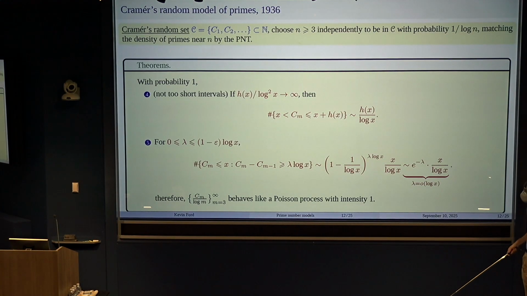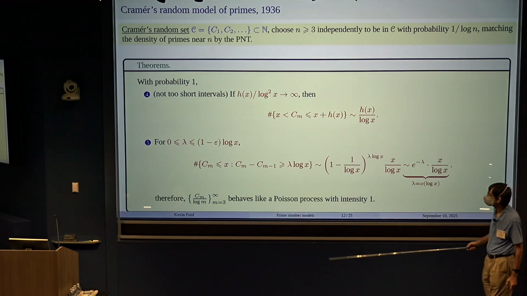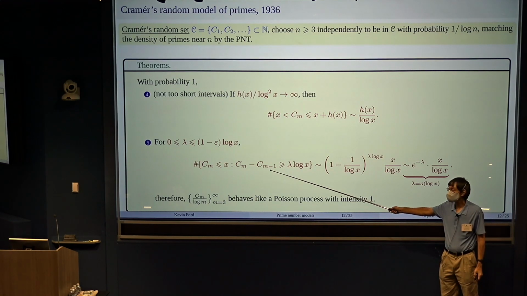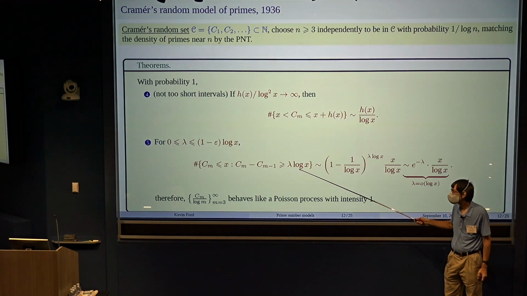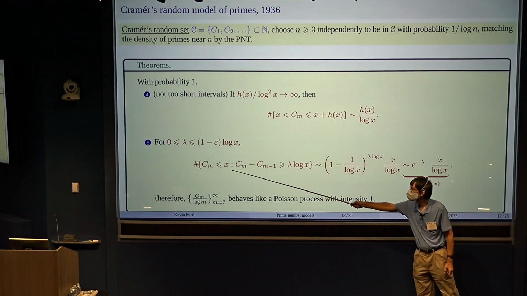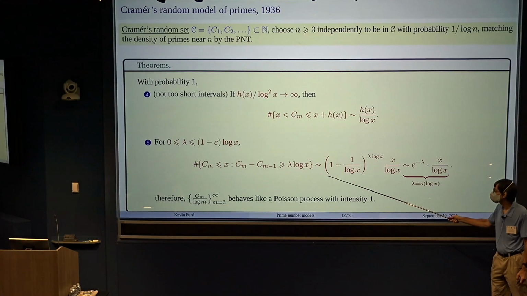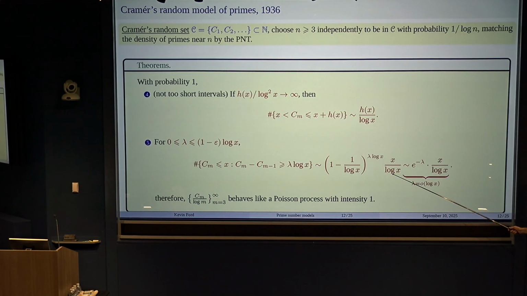This last one is a little bit more complicated to state, but basically we're counting gaps between elements which are at least lambda times the average gap. So log x is the average gap for the elements up to x. How many? Again, because of independence, you can write down very quickly an approximate formula, and when lambda is not super large, this is approximately e to the minus lambda times x over log x.